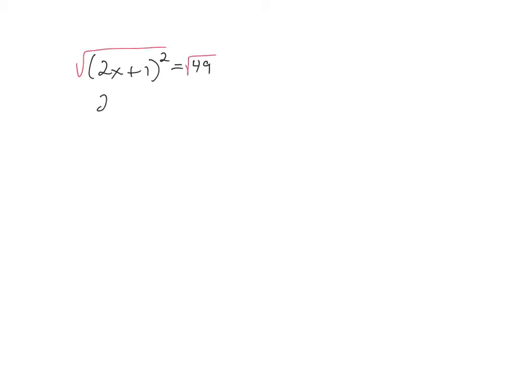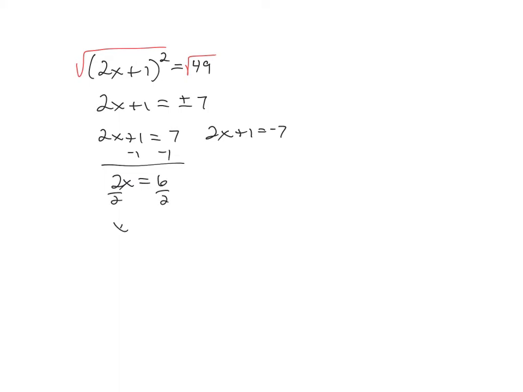On this one, I can just start by doing the square root, and I get positive or negative 7. The only difference is the equation is more than just x plus or x minus, so it will take a little bit longer to solve because you've got an additional step. 7 minus 1 is 6. Then divide by 2, x equals 3.